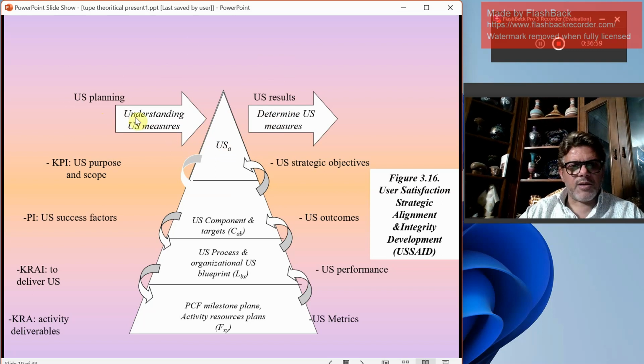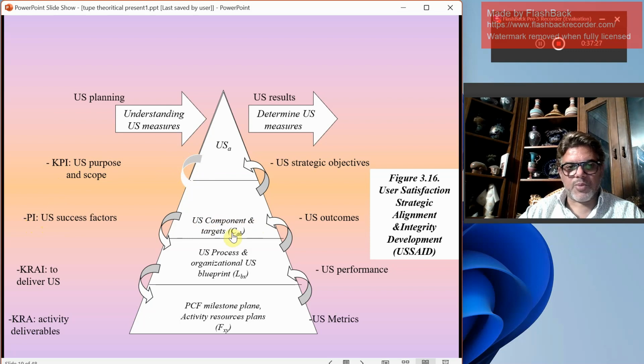So users understanding user satisfaction measures, key performance indicator, user satisfaction purpose and scope, represents the user satisfaction purpose and scope. We expand it to performance indicator, which represents the user satisfaction success factors, user satisfaction component and targets.